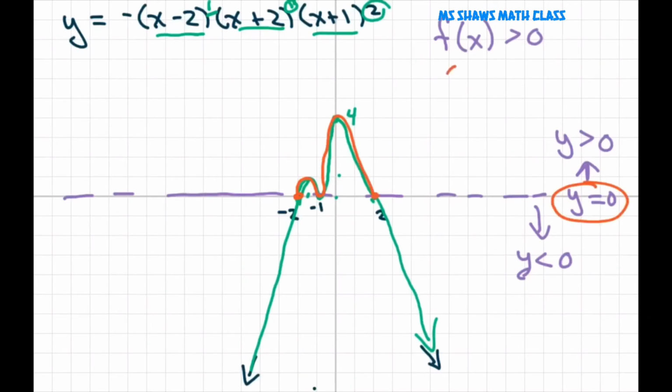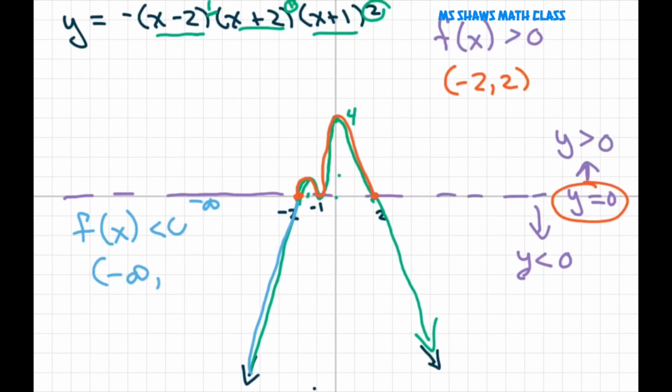So that's from negative 2 to 2. Now where is our graph negative? Well, it's right here. So that's negative infinity to negative 2. And also this piece, so that goes to infinity there. So that's going to be 2 to infinity.